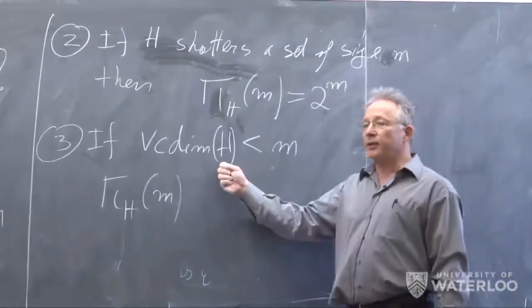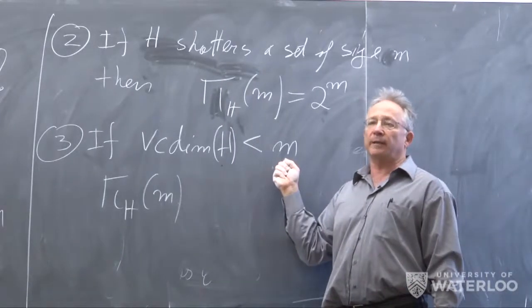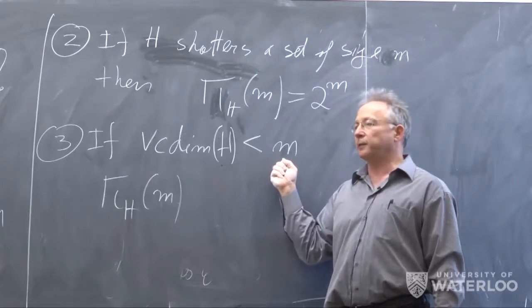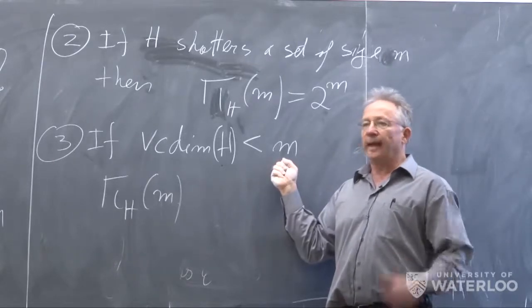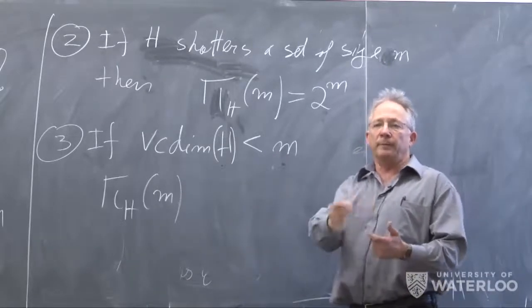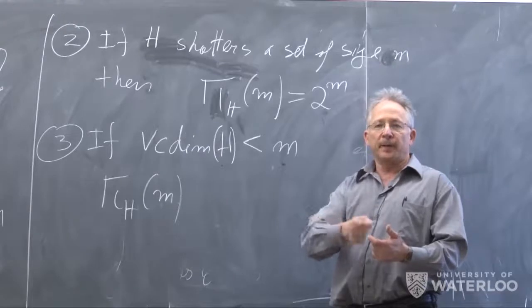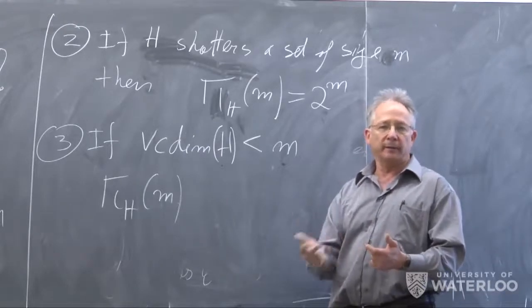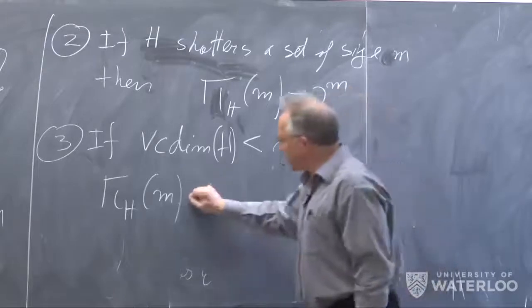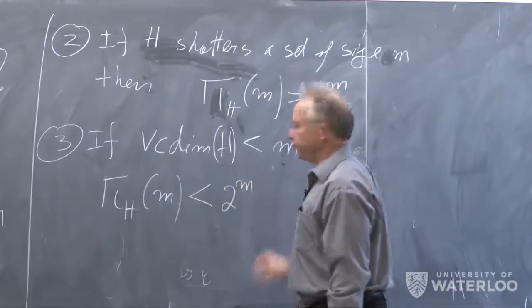Because VC dimension less than m means I don't shatter any set of size m. It means for any set of size m, if I try to cut all the 2 to the m subsets, some of them I will fail. So if I just count how many can I cut, it'll be strictly less than 2 to the m.